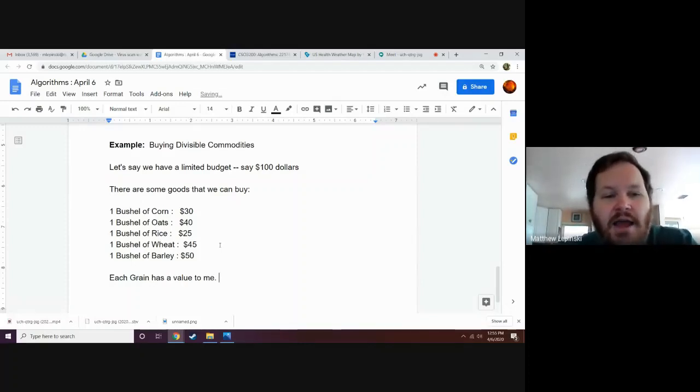So I like some grains more than others. Let's say that a bushel of corn has 3 value to me. A bushel of oats has 8 value to me.